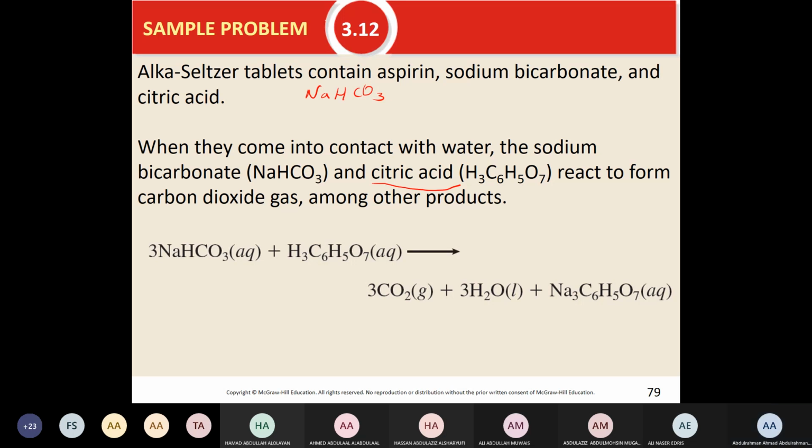From the periodic table. 84.01. Good. What's the molar mass of citric acid, which is H3C6H5O7? What's the molar mass?